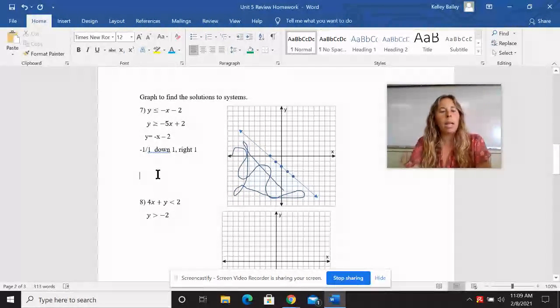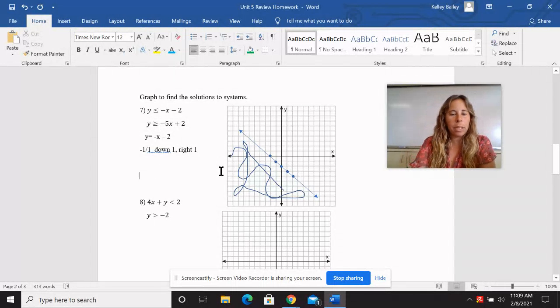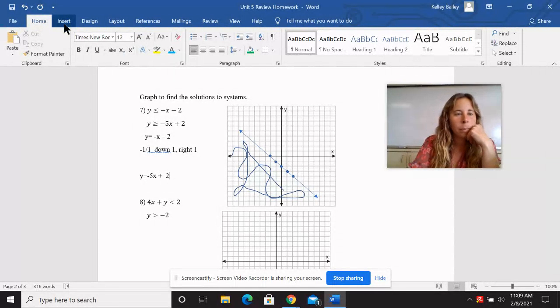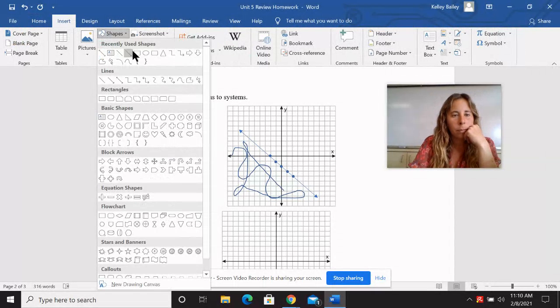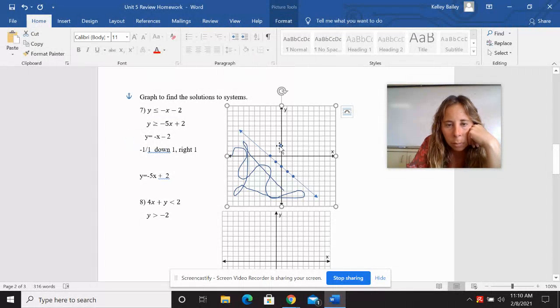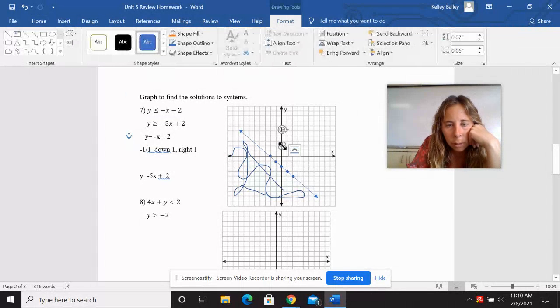Okay. Now we're going to graph our second line. y equals -5x plus 2. So your y-intercept is 2. 1, 2. Okay. A little off center.